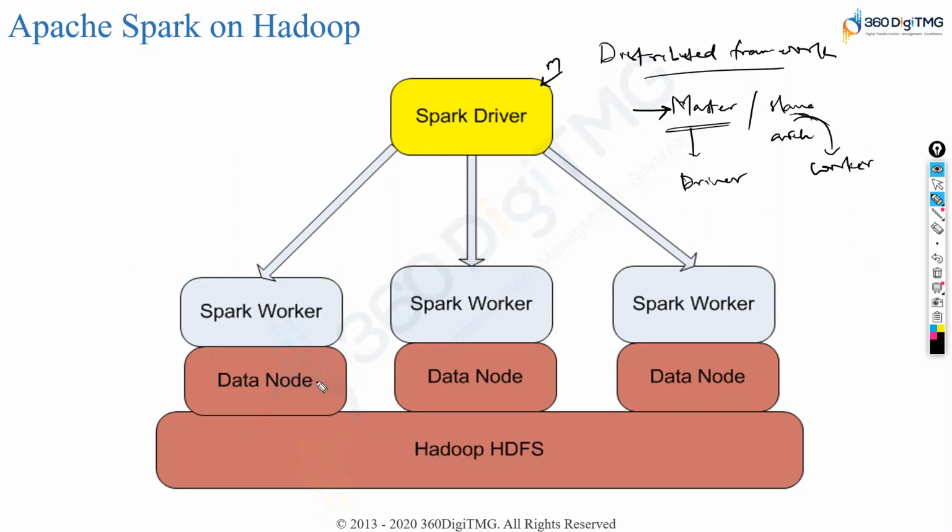You can imagine it like your data node or node manager, we have one Spark worker residing in one node. But the underlying data is HDFS only, guys. Physically, the data gets stored in this file system, right? So we are accessing that data.